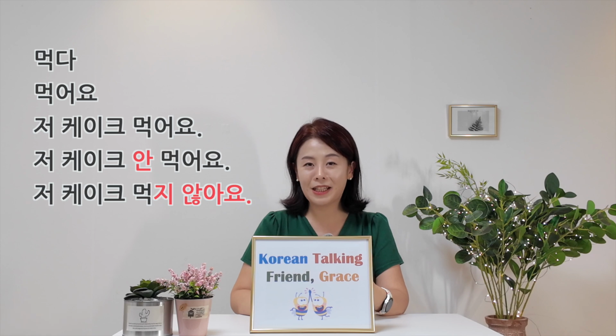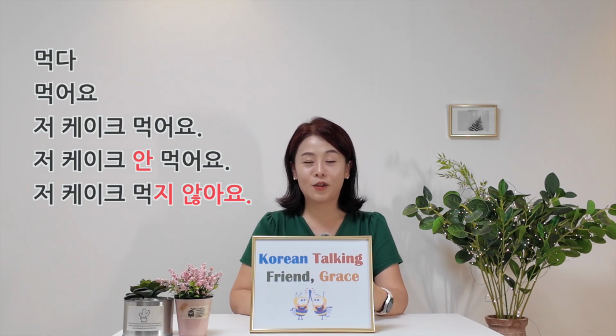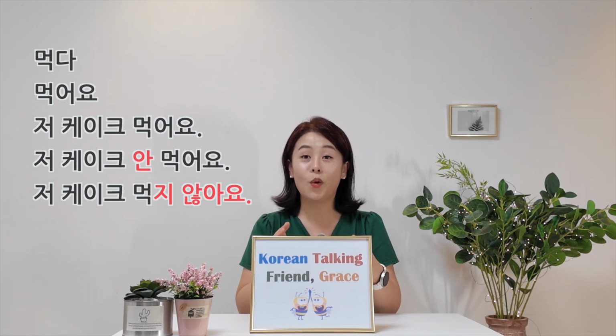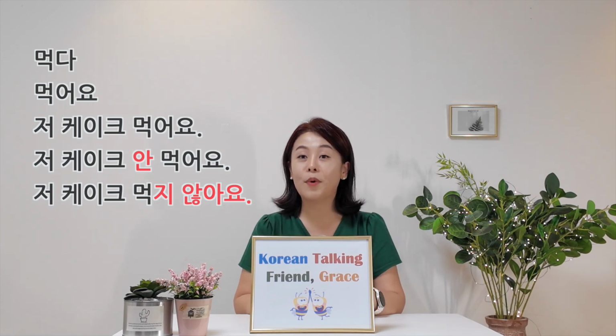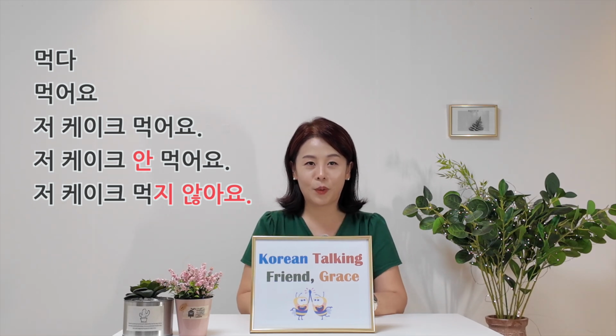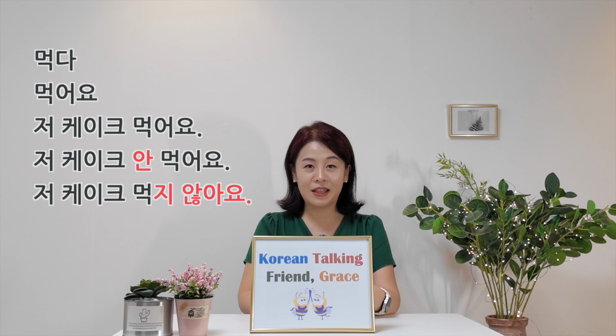As you can probably guess, the longer one is more formal in most cases. 저 케이크 안 먹어요 is more common in everyday conversation. So 저 케이크 안 먹어요, 저 케이크 먹지 않아요.